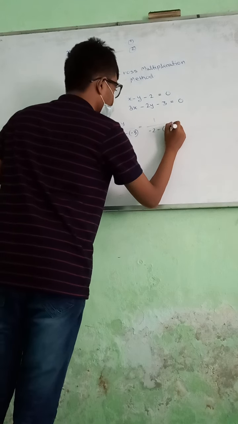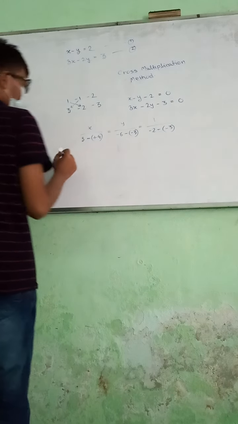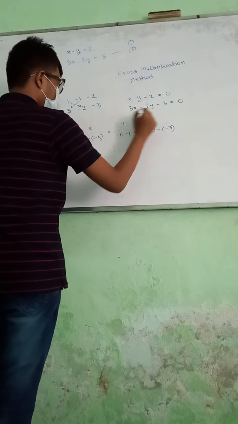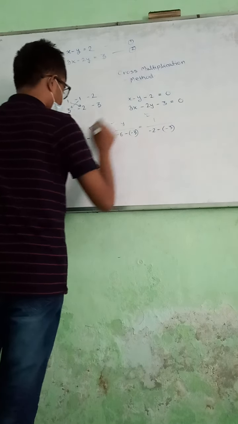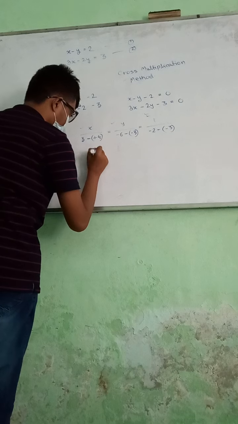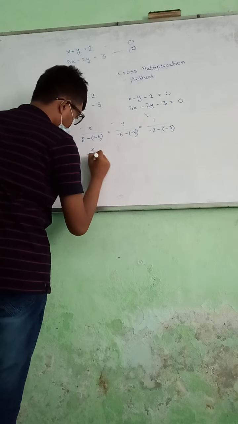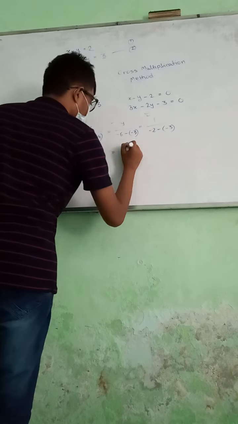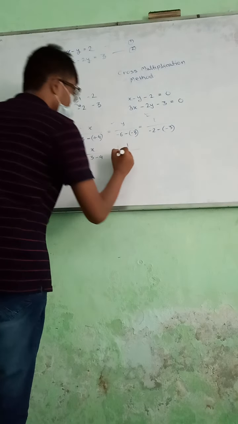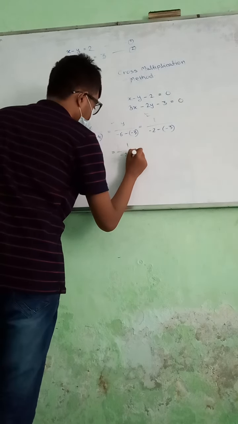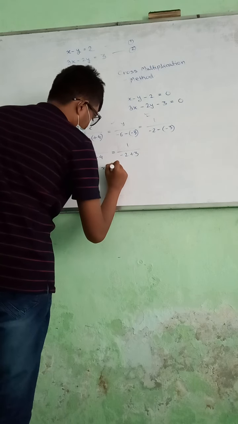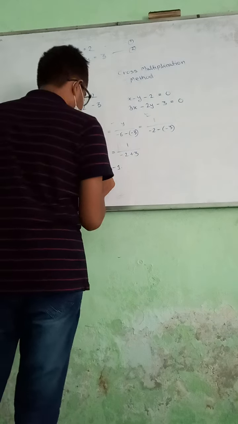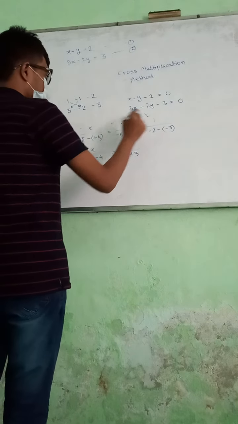Now the next step is we have to equate this term with this term and then this term with this term. So first we equate 3 minus 4, 1 by minus 2 plus 3, x equals minus 1, and so we get x equals minus 1 by equating this term and this term.